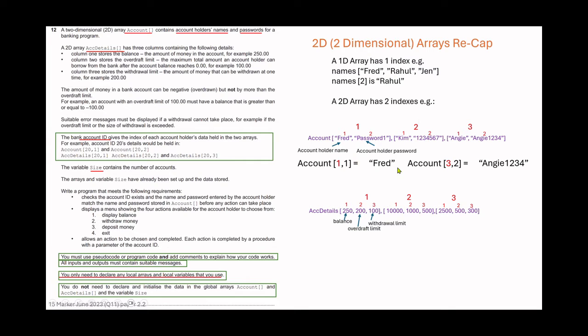For example, the account ID 3 gives us access to Angie's username and password and Angie's account details. Maybe watch this back again if it's not clear the first time, but it's helpful to visualize the arrays that they're telling us to use, so we can then go ahead and use them. Right, I'll stop this one here and I'll move to the next slide.